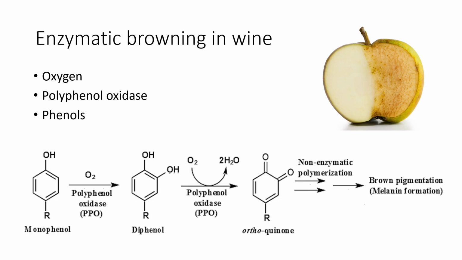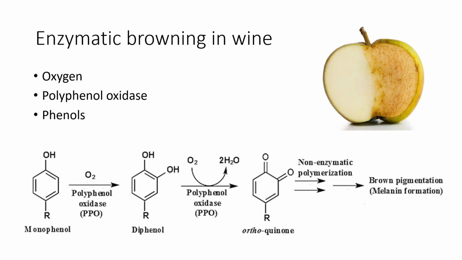That's a phenol. I've got phenols in the cells. And then also in those cells, I have an enzyme that's called polyphenol oxidase. So we'll do that as PPO in those cells. Then outside the apple, I have oxygen.